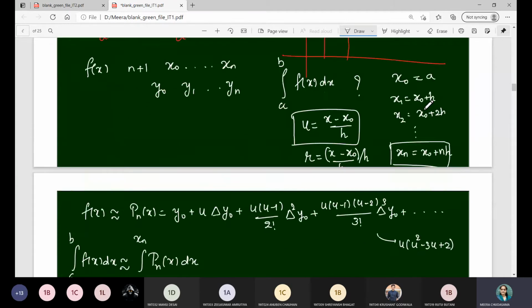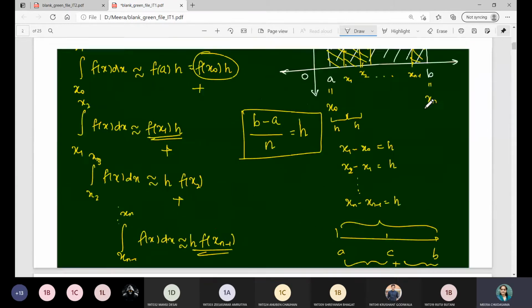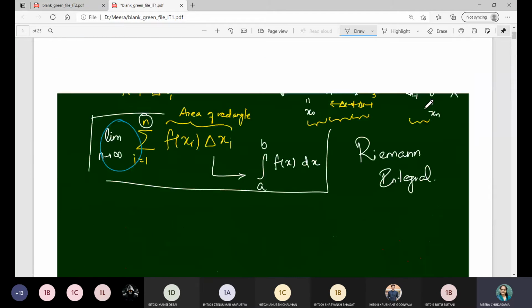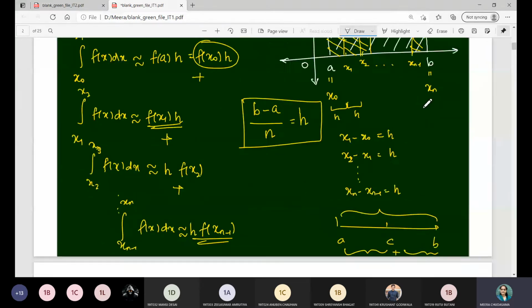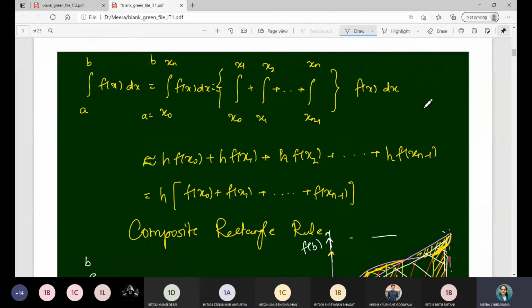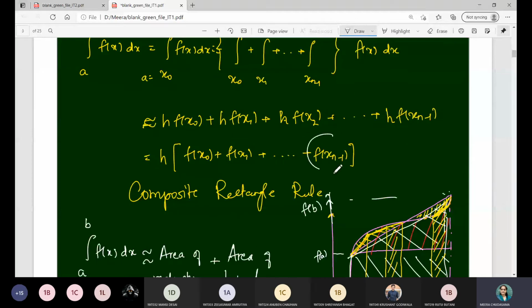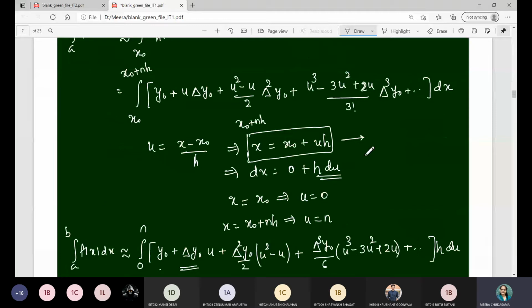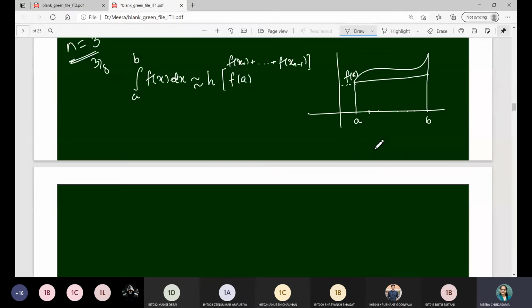This is the composite rectangle rule, where the last point is the function value at n minus 1th coordinate, right? So the last point is actually xn, which is not included in the rectangle rule that we have seen yesterday, right?